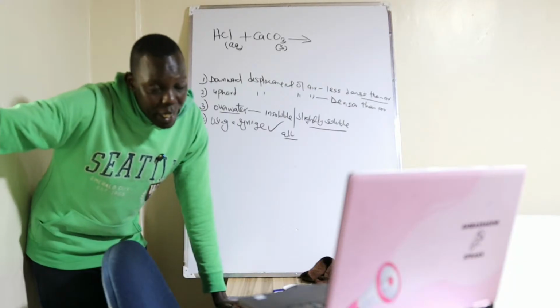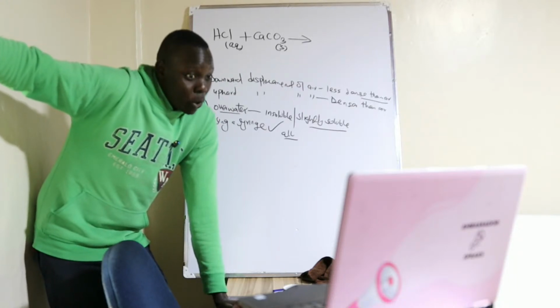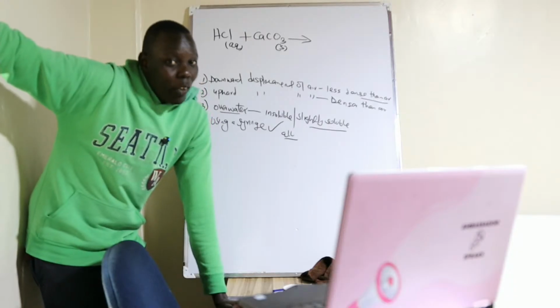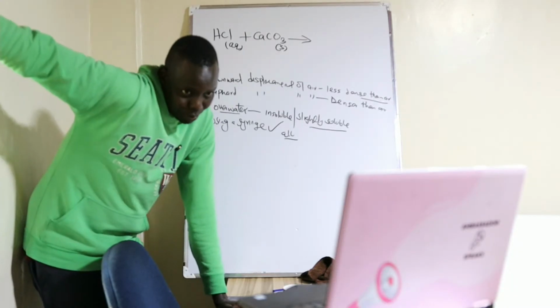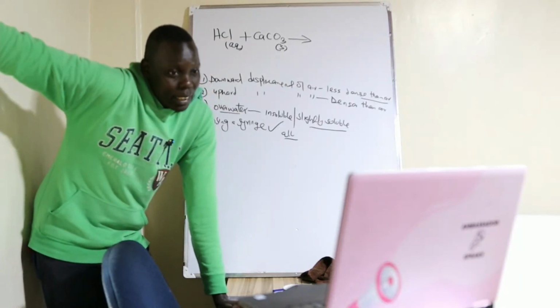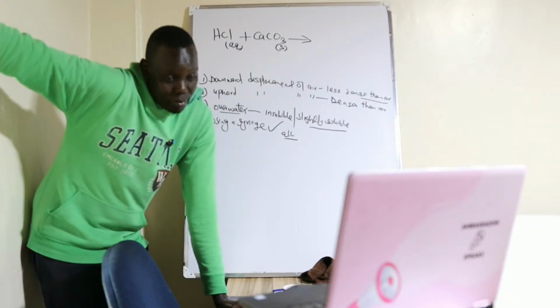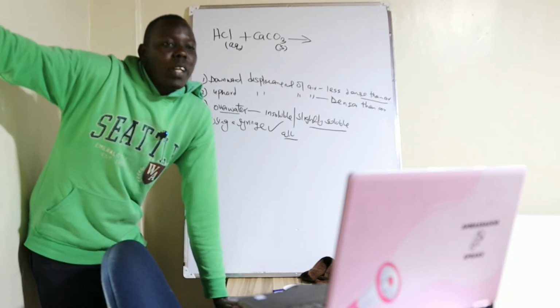It is not highly soluble, but it is soluble. So if you collect using downward delivery, and I collect using over water, you will have more CO2 than I will have. A given percentage will dissolve in water, to give us weak carbonic acid.